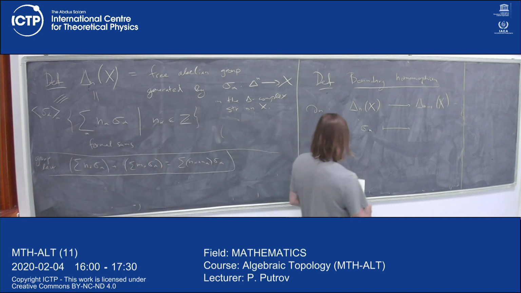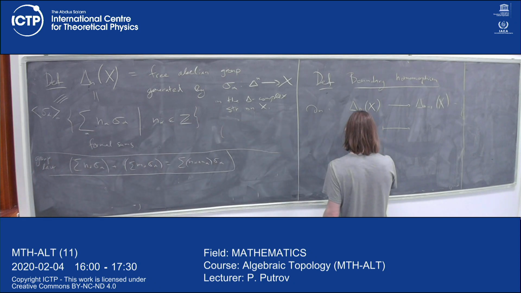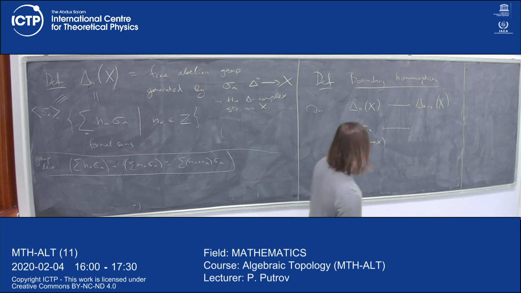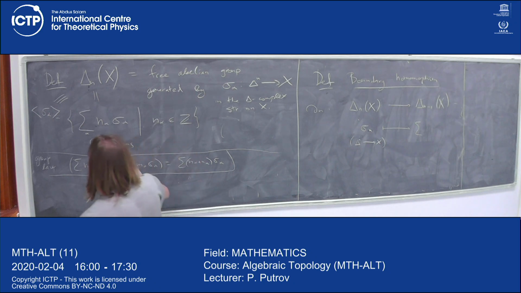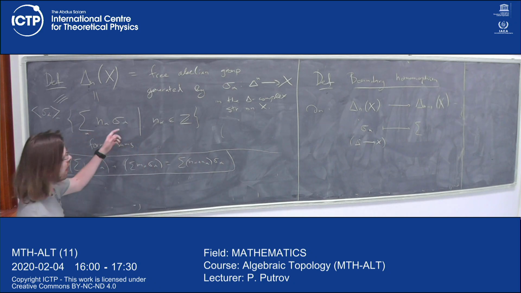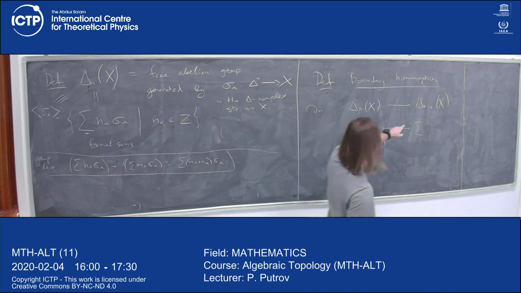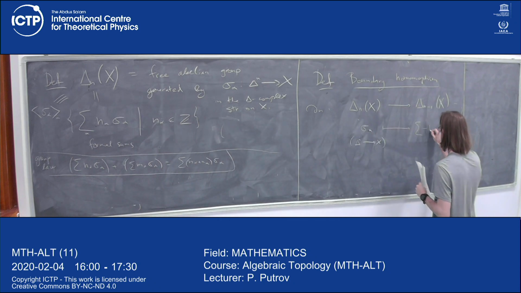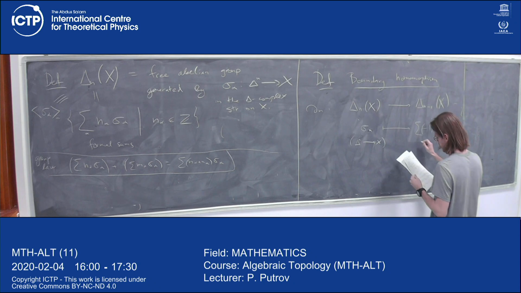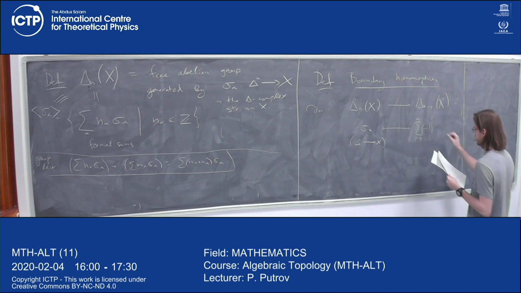So let me take any generator here. The generator is a map from the n simplex to X, and the result should be a formal linear combination of maps from an n minus 1 dimensional simplex to X. And this sum is the following.